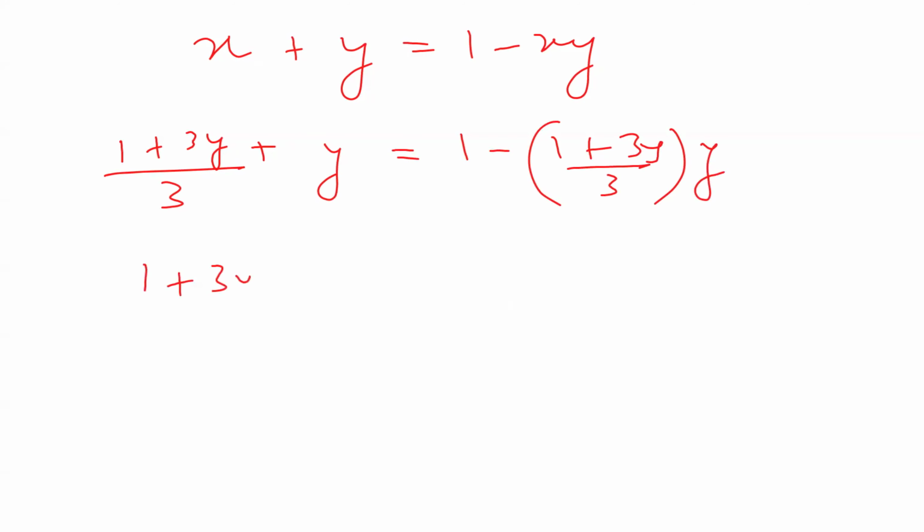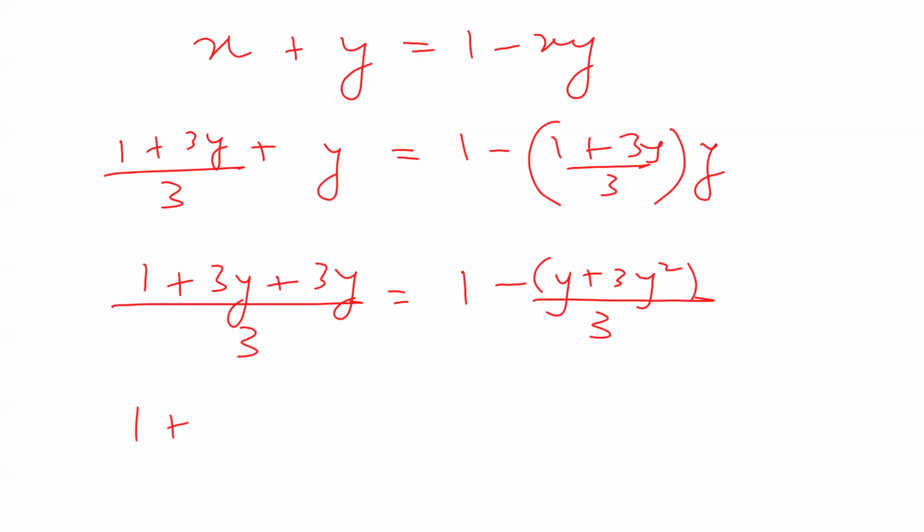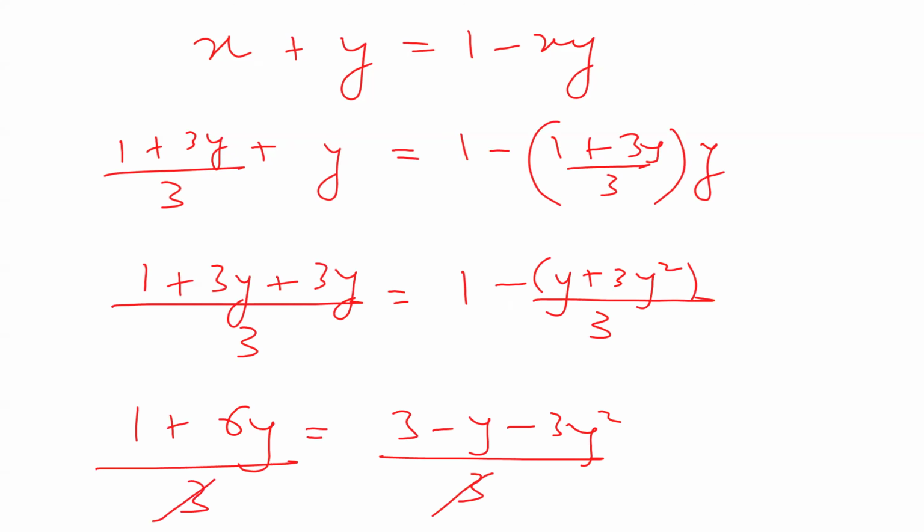So x plus 3y plus 3y upon 3 is equal to 1 minus y into 1. I'm taking that y inside the bracket first, and then I take LCM. 3y plus 3y is 6y. 3 minus y minus 3y square upon 3. Okay, and this 3 and 3 will get cancelled.